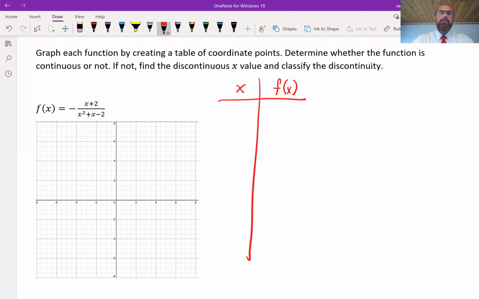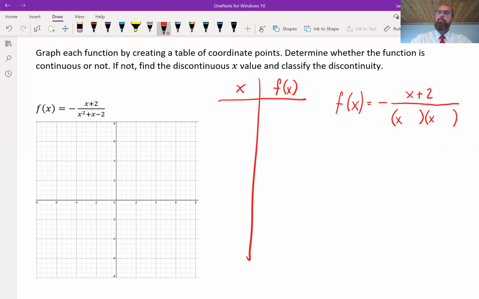Now, over here to the side, one thing that I want to do is take this function and see if I can factor the denominator. I'm just going to write the numerator as is because it's already a linear factor, x plus 2. But that denominator, x squared plus x minus 2, I want to come up with two linear factors that would be equivalent to that quadratic trinomial. So I see x and x would multiply to give x squared.